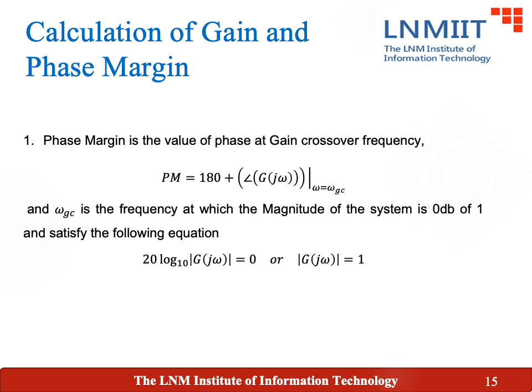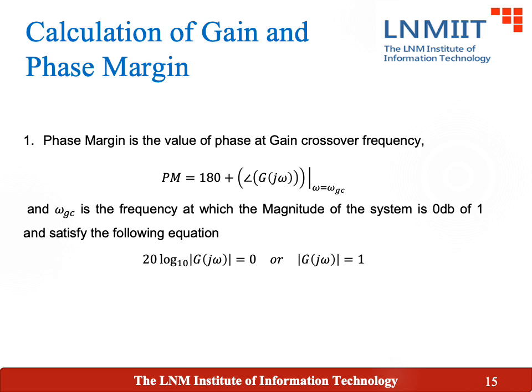Similarly, we know that the phase margin is calculated as 180 plus whatever the angle you have in your system at the gain crossover frequency. The gain crossover frequency is calculated when the gain of your system is 0 dB.